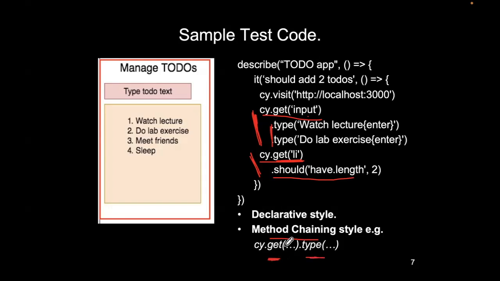So we refer to this programming style as method chaining, as in we're chaining a series of method invocations, connecting them to each other. But as I said, method chaining is just a programming style, not specific to Cypress. And we're going to see a lot of this type of code in this week's lab.